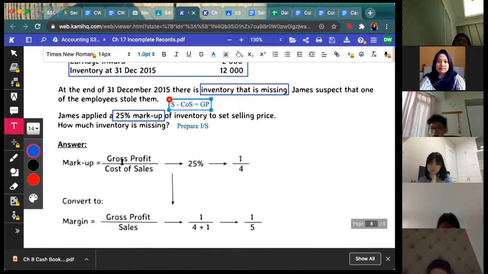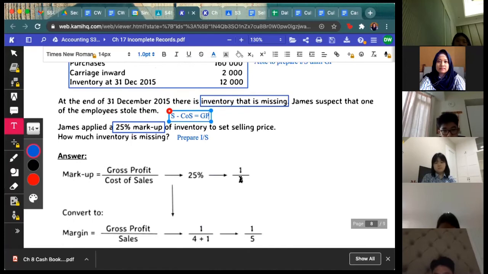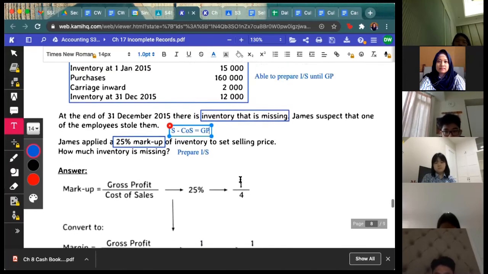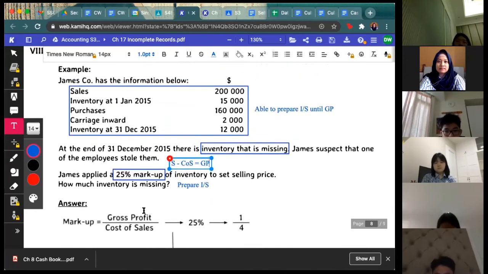If markup is gross profit over cost of sales, and it is 25%, I change it into the fraction 1 over 4. So I have gross profit and cost of sales in fraction, but I cannot find gross profit in the information in the question. I also cannot find cost of sales, because the missing inventory is in cost of sales.